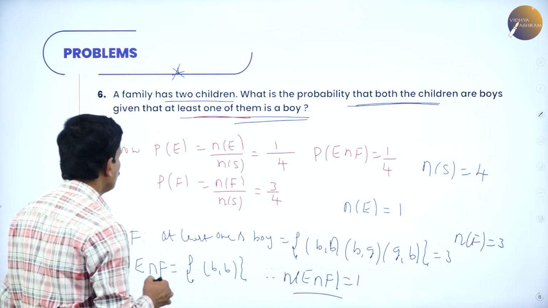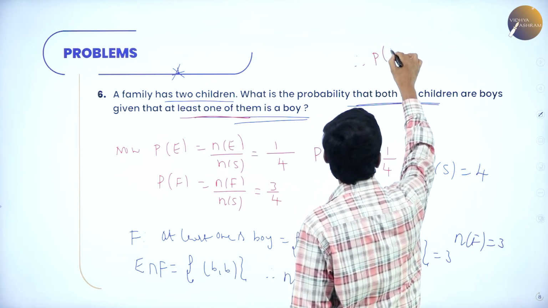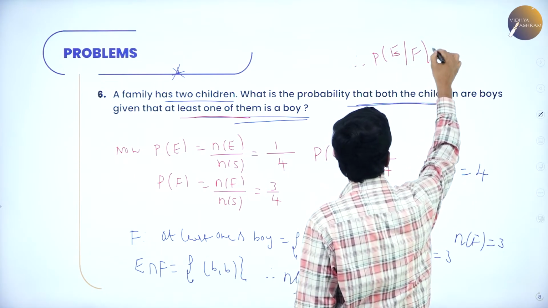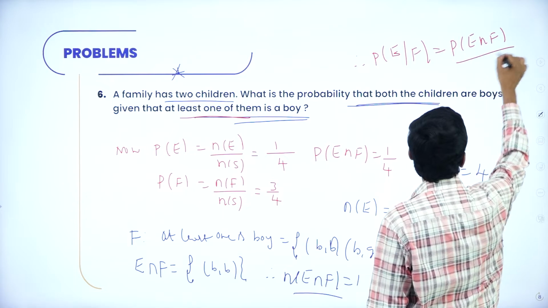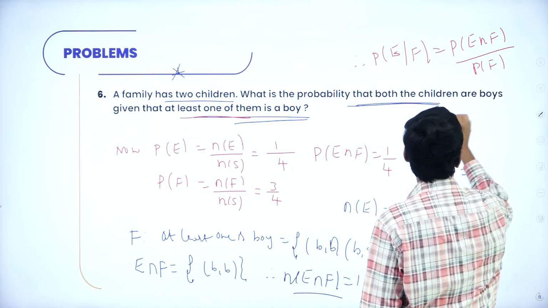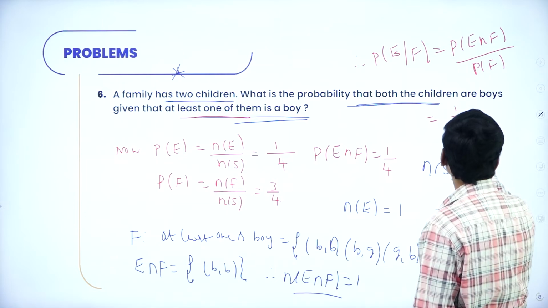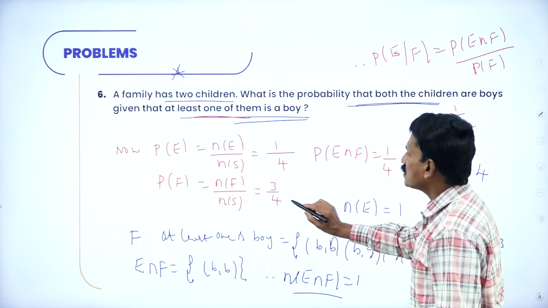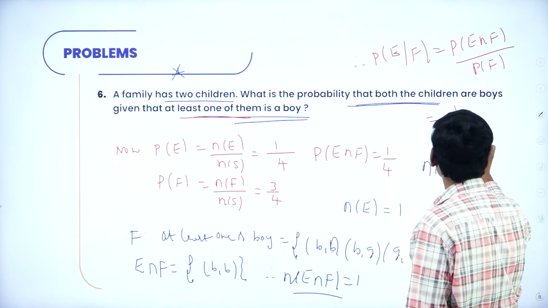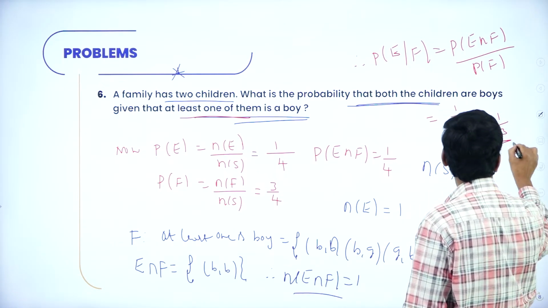Now, what is required to find? Therefore, the probability of E by F is equal to probability of E intersection F divided by probability of F. So, that is 1 by 4 divided by probability of F, which is 3 by 4. So, this gets cancelled. This is equal to 1 by 3.